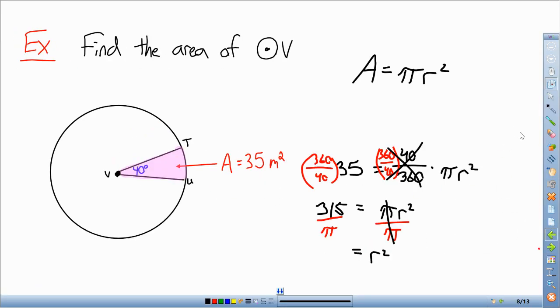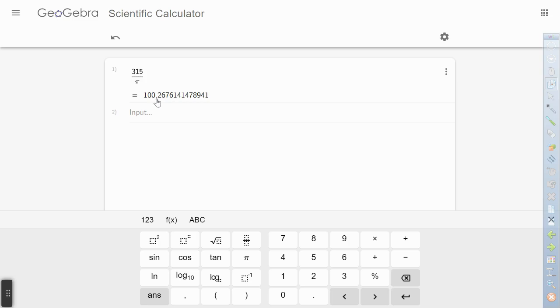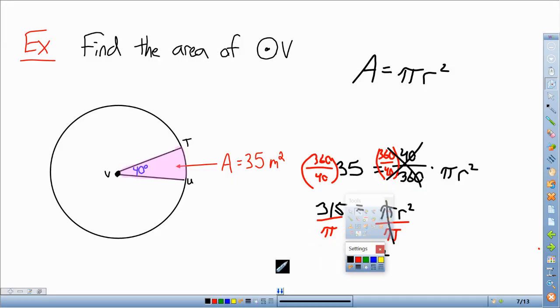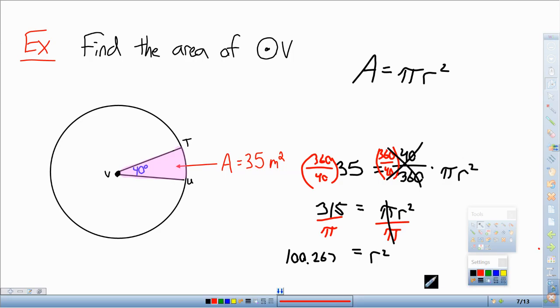Looks like we're getting 100.267. I don't want you to round this. I just want you to write some of the numbers. All right, because remember, we're going to use the answer button on our next step. So 100.267. I'm just going to write out some numbers here. Okay, but again, I don't want you to round this because we're not going to be typing this number in. I want to get the most exact answer as I can.